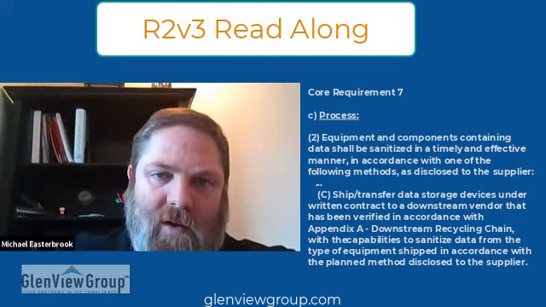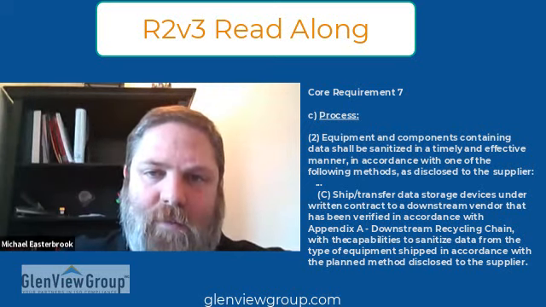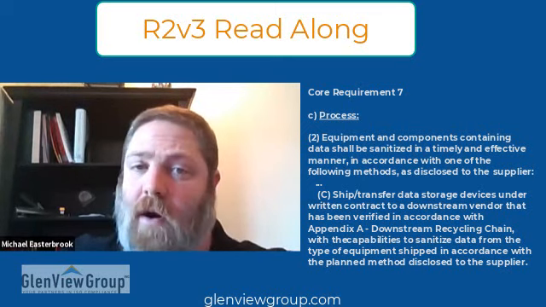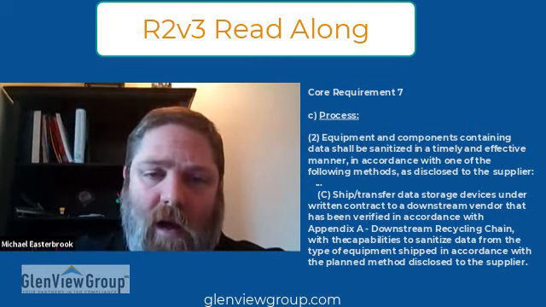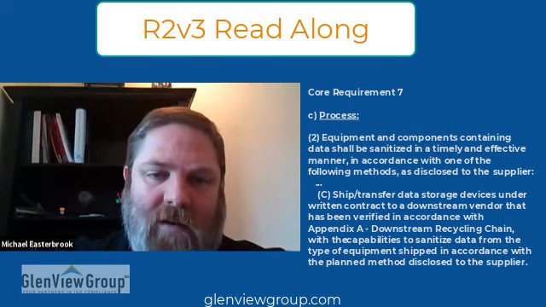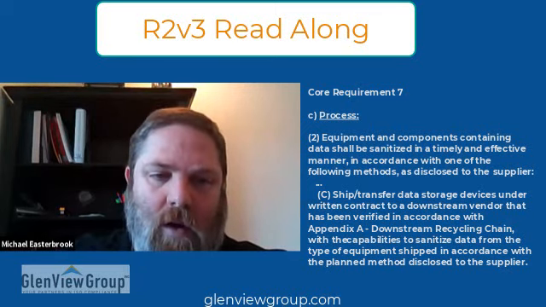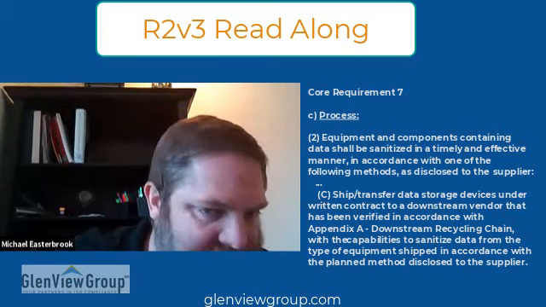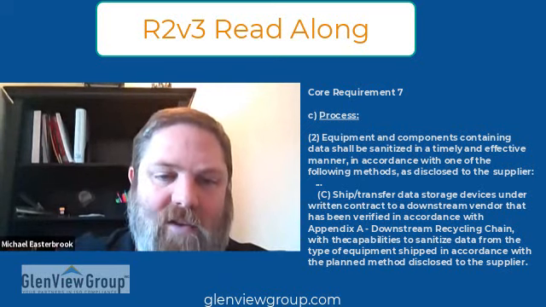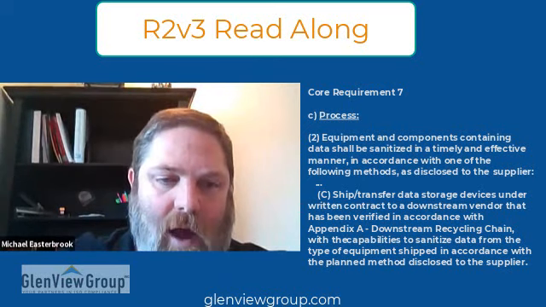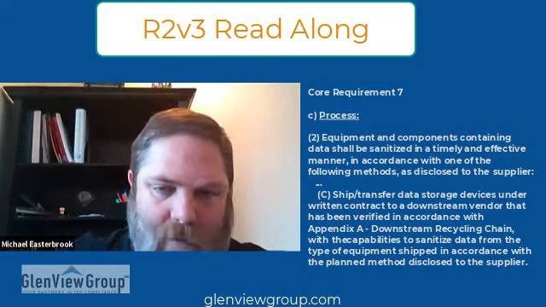You could either do it yourself in accordance with Appendix B. You can do physical destruction, which is a part of Appendix B already, but section B here is requiring 100% effectiveness demonstration, or you can ship it to a downstream vendor to manage the data. So those are your three options.